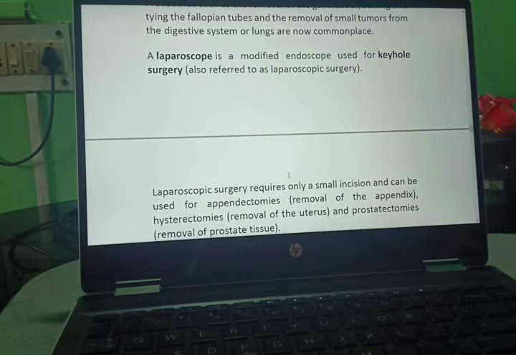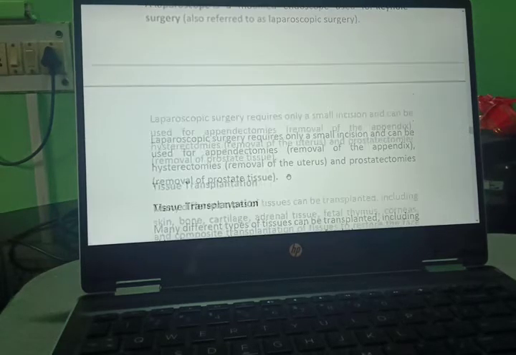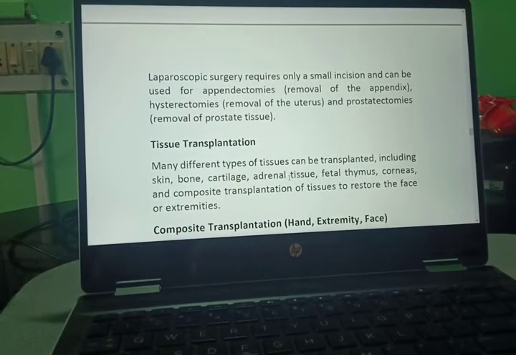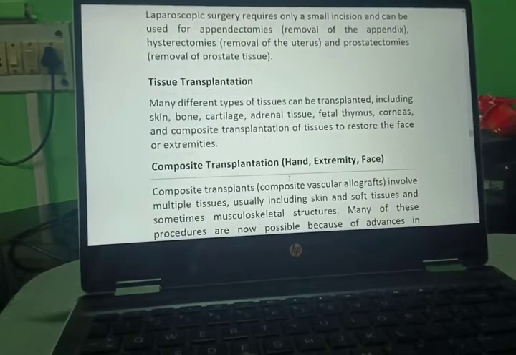A laparoscope is a modified endoscope used for keyhole surgery, also referred to as laparoscopic surgery. Laparoscopic surgery requires only a small incision and can be used for appendectomy, meaning removal of the appendix, hysterectomy, meaning removal of the uterus, and prostatectomy, meaning removal of the prostate gland.